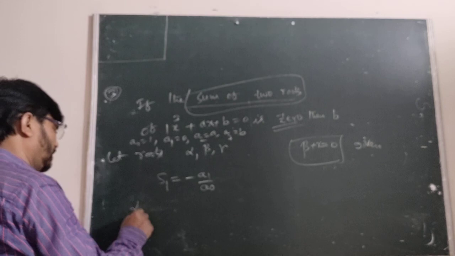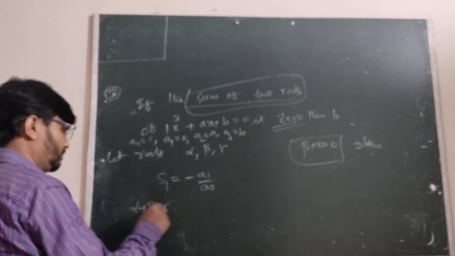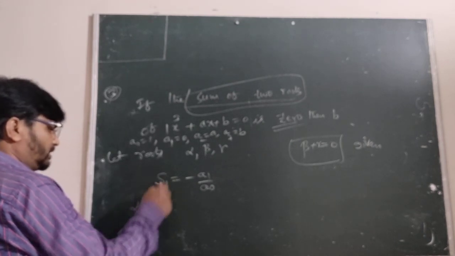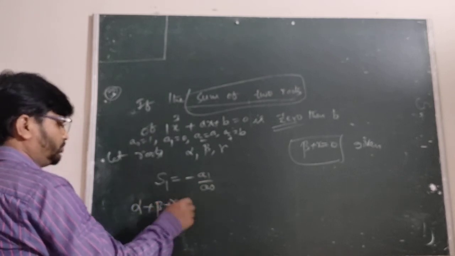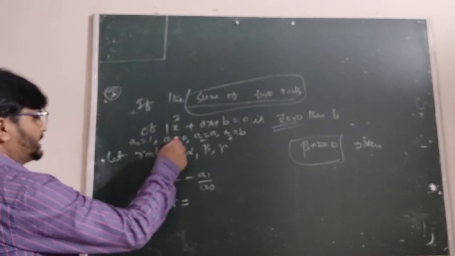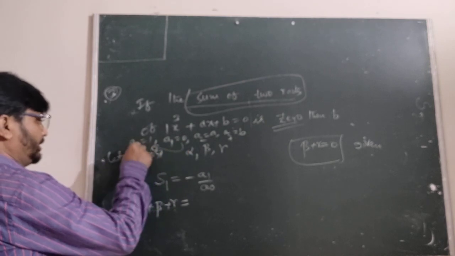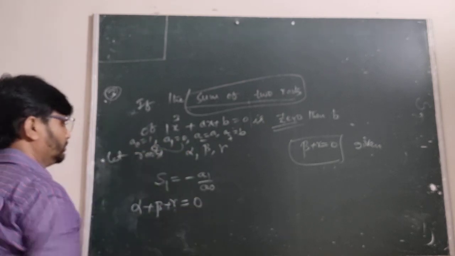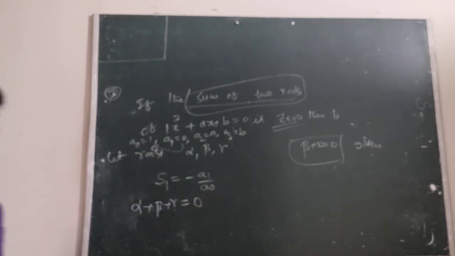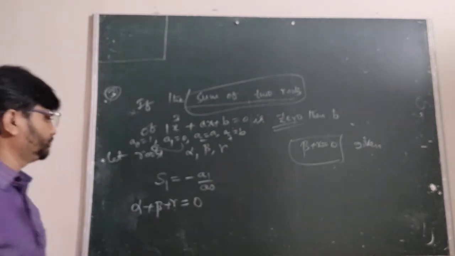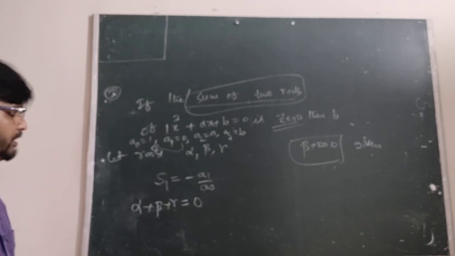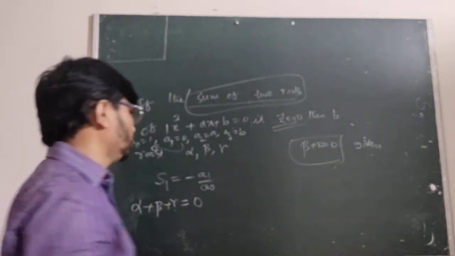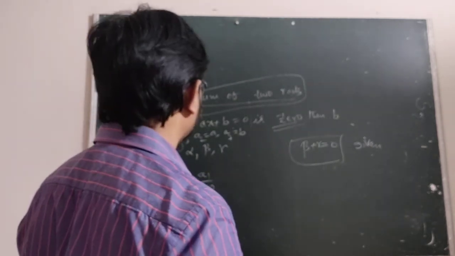S1 means the sum of all roots taken all at a time, alpha plus beta plus gamma, which is minus A1 by A0, that means 0 by 1. All of you listen here, the sum of the two roots is given as 0.